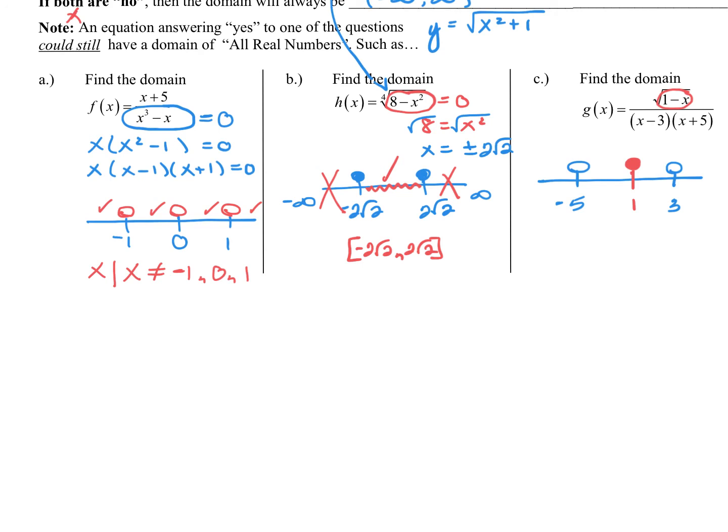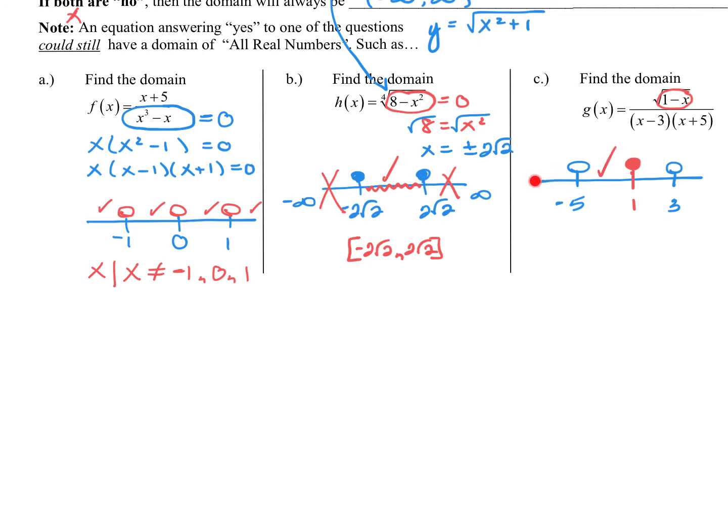Now, I need to test on each side of this 1 because I'm testing this for the radical. So to the left, if I put in, let's say, 0, if I put 0 into that radical, I am going to get a positive radicand, which makes this just fine.